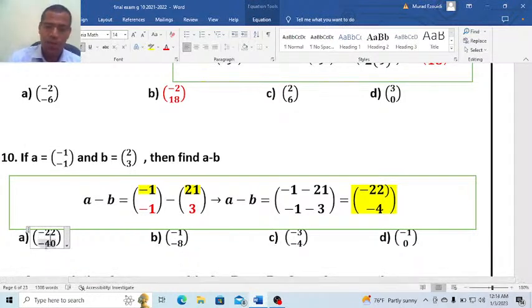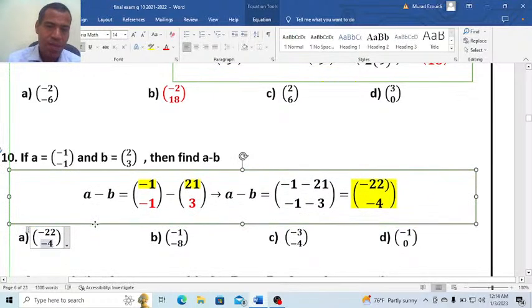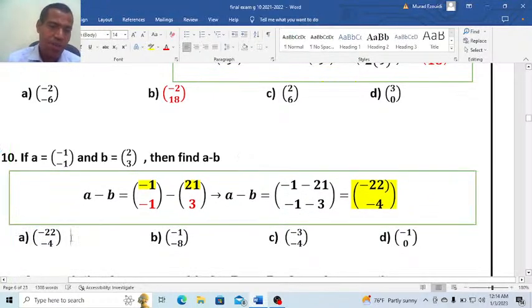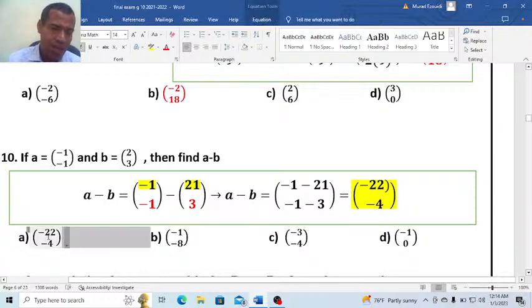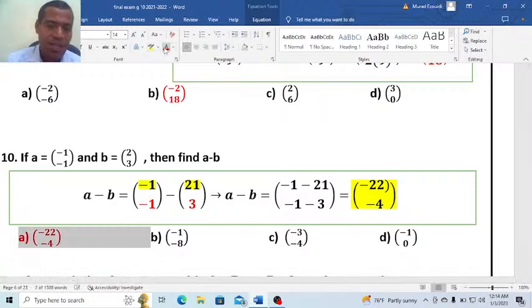Okay, this is, in fact, how you can find the difference between two vectors, if vector AB is given and vector AC is given.